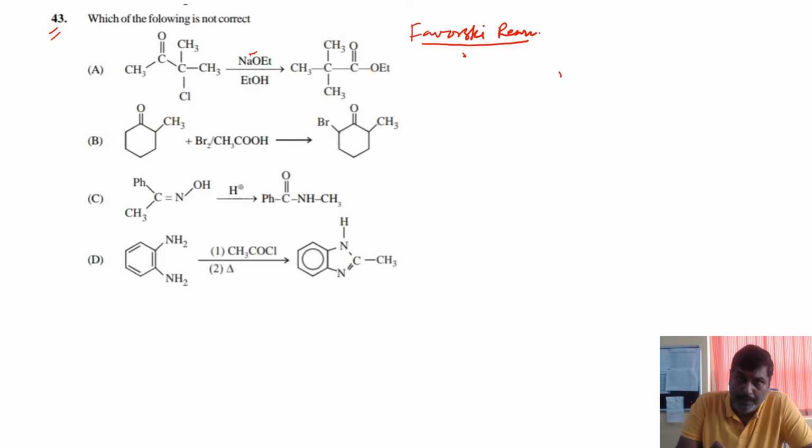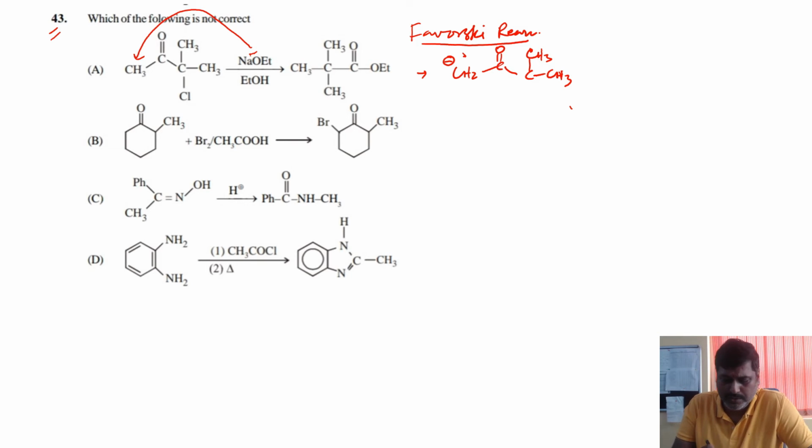So this EtO minus base is attacking on this one, and you will get here CH2 minus C double bond O, CCH3 CH3. Understand this question, this reaction. Cl is here.